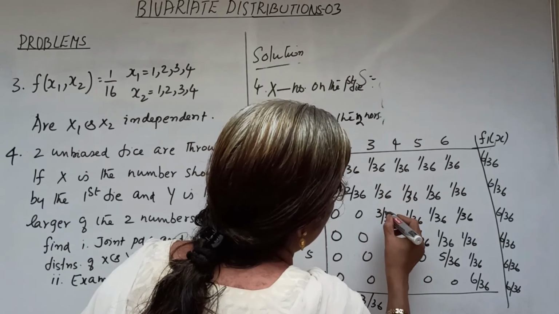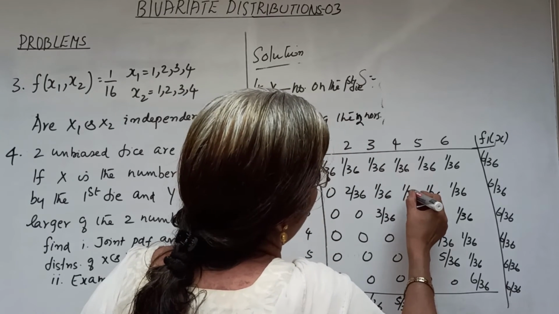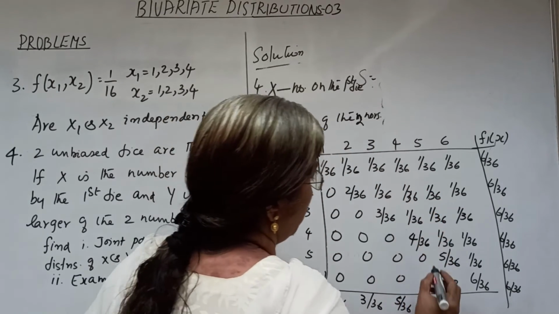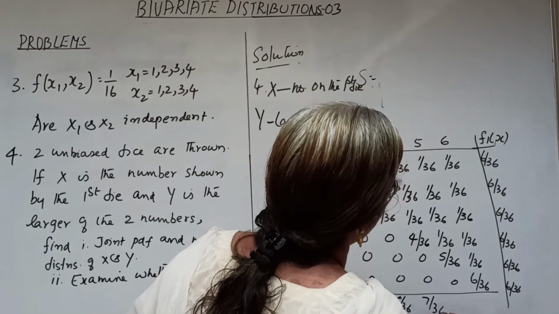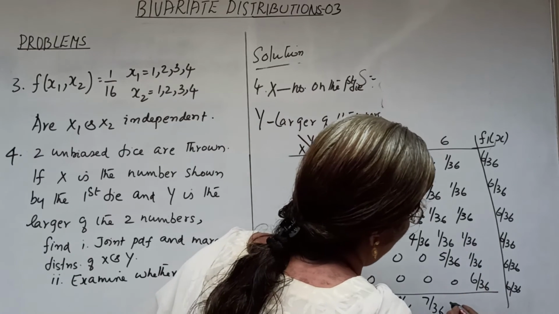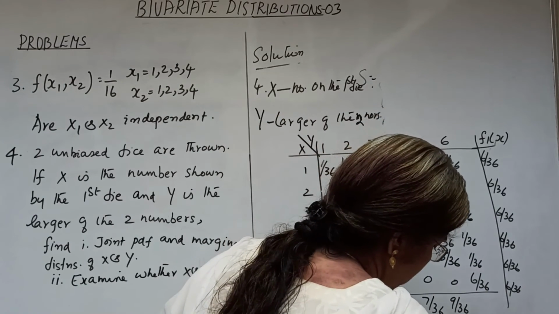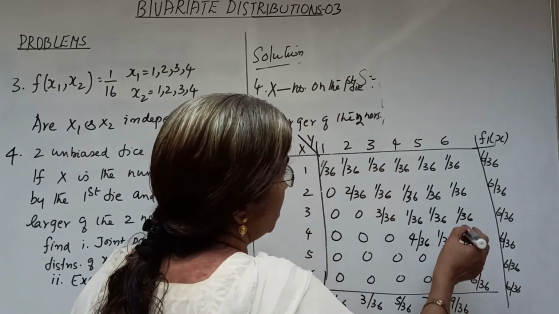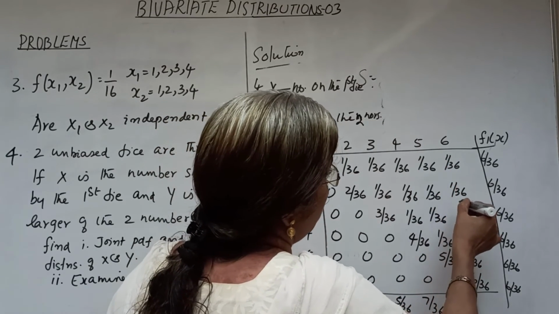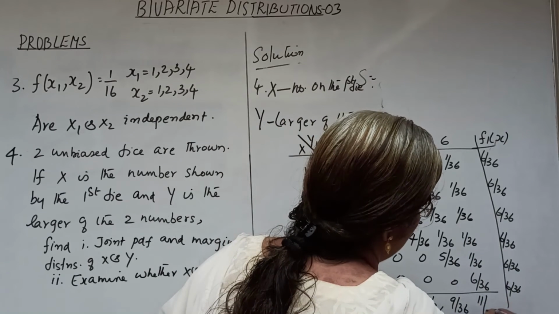Then 1 plus 2 plus 3, that is 6... then 3 plus 4 gives 7 by 36, then 9 by 36. Yes, it is 1 plus 2 plus 3 plus 4 plus 5, which gives 11 by 36.